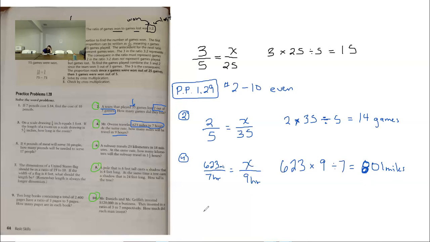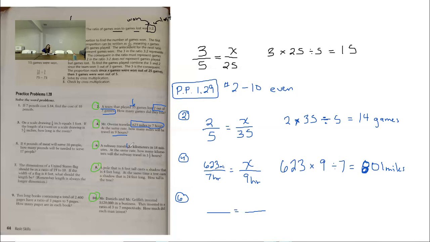All right, number 6. A subway travels 23 kilometers in 18 minutes. At that same rate, how many kilometers will the subway travel in 1.5 hours? Okay, let's try it again. Don't let them fool you. Which two go together this time? 23, 18. Yes, ma'am.